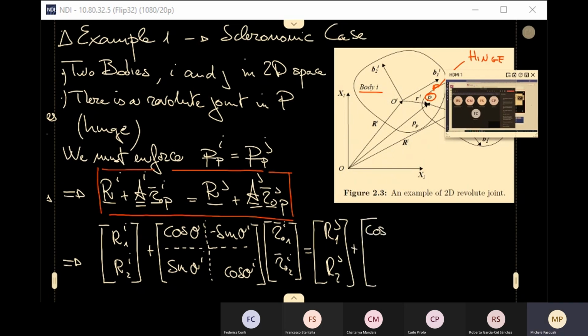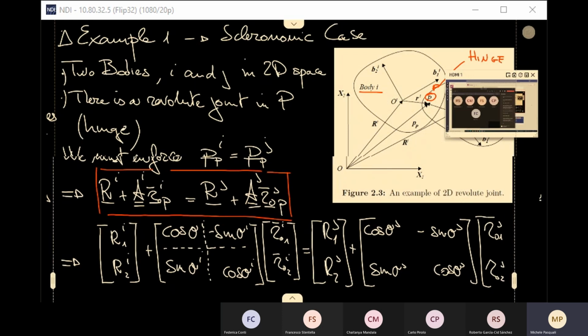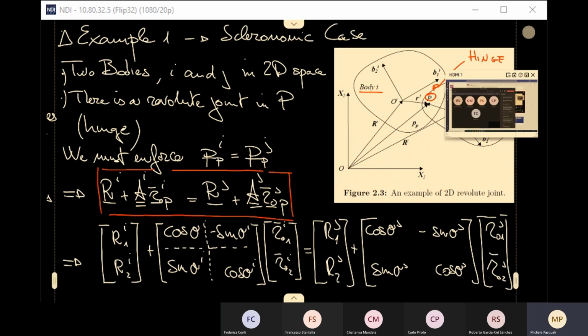So it's cosine of theta J in this case, minus sine of theta J, sine of theta J, cosine of theta J, applied over R01 and R02 J bar. Okay, so that's our equation.